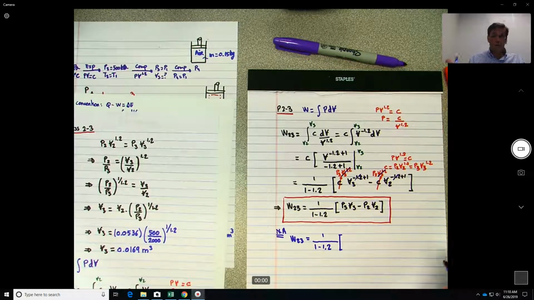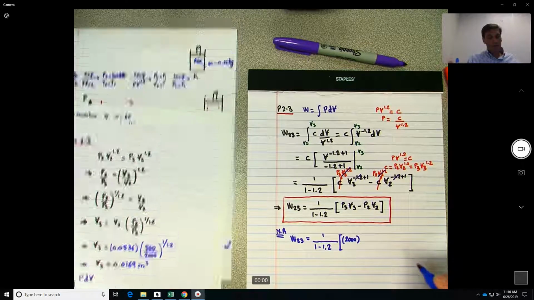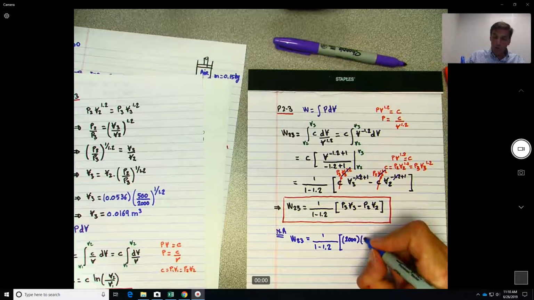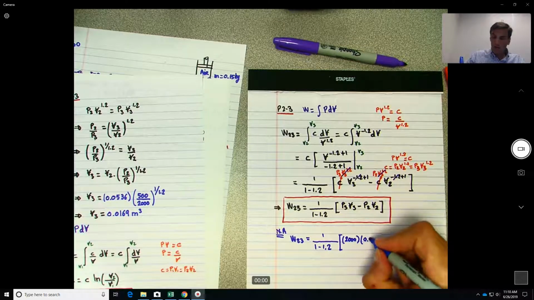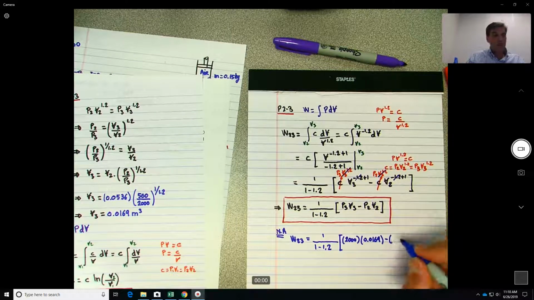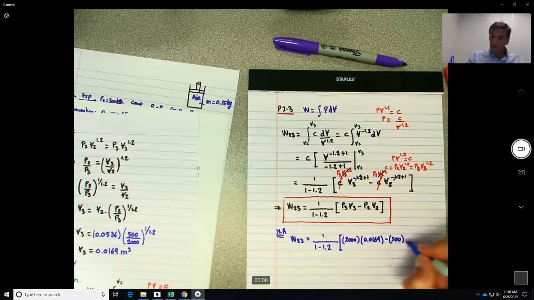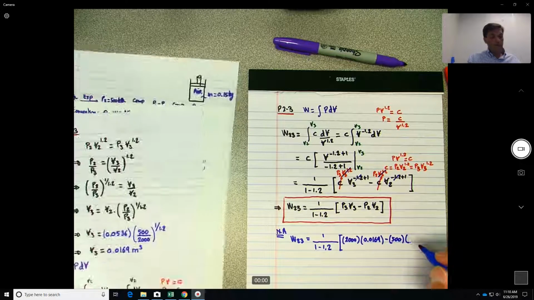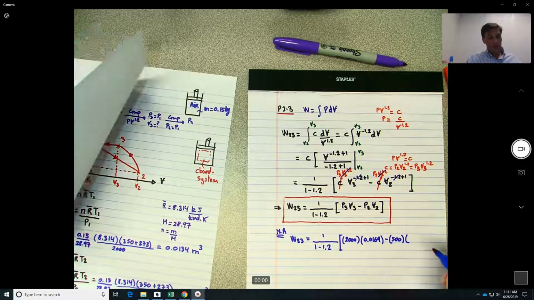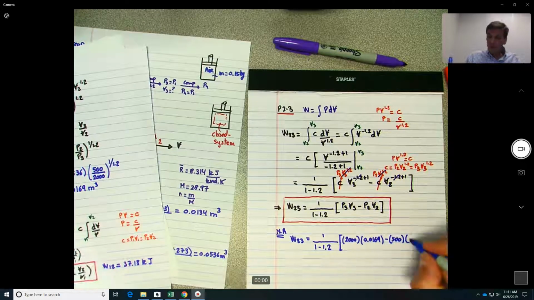P3 is equal to P1, so it will be 2000 times V3, which we found to be equal to 0.0169, minus P2, which is 500, times V2, which we found to be equal to 0.0536.